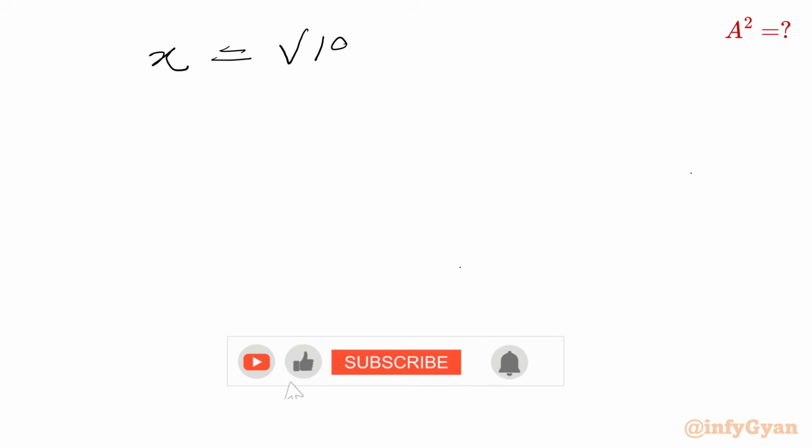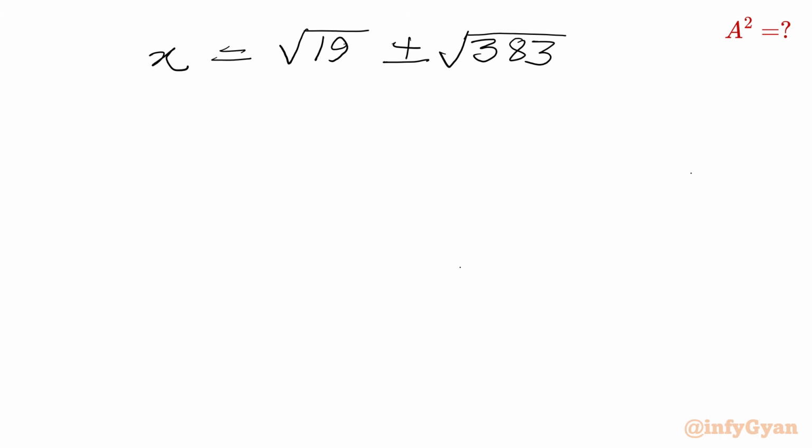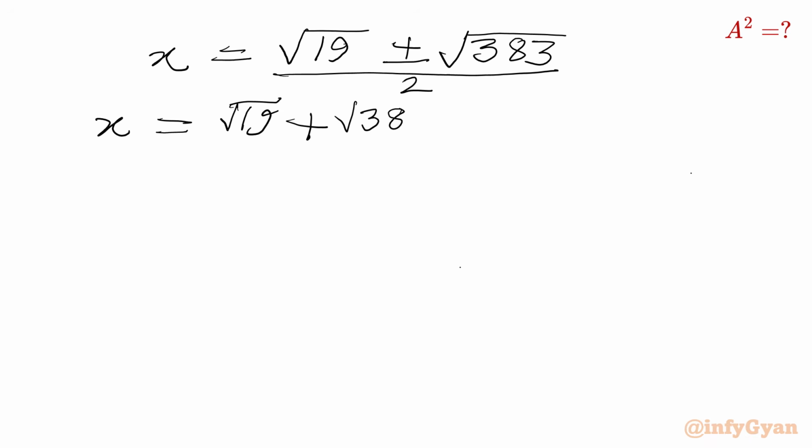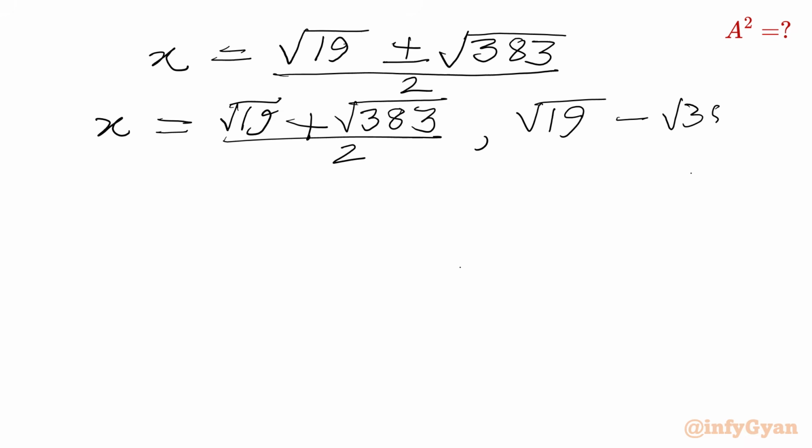So we will write x equal to square root 19 plus minus square root 383 over 2. I will write both the roots separately. X equal to square root 19 plus square root 383 over 2, and square root 19 minus square root 383 over 2.